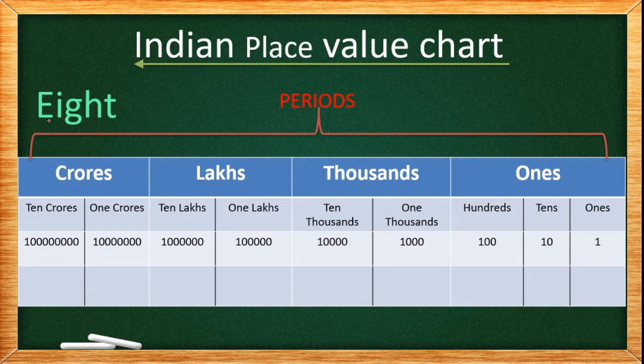Similarly, here we have the number 8 given in words. You know how to write 8 in figures. So 8 is also a single digit number, so it comes in the ones place.